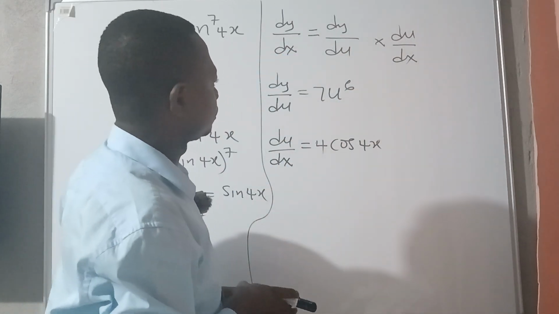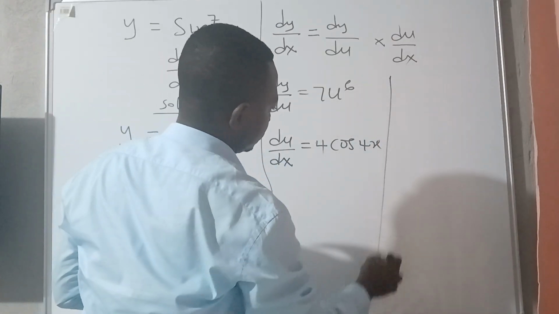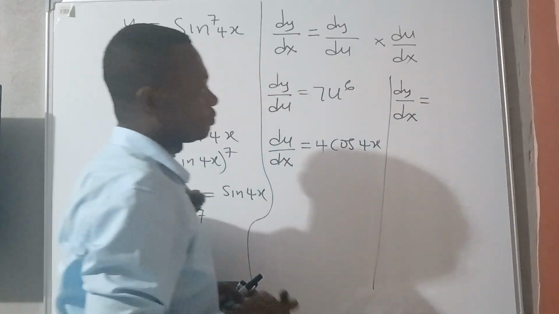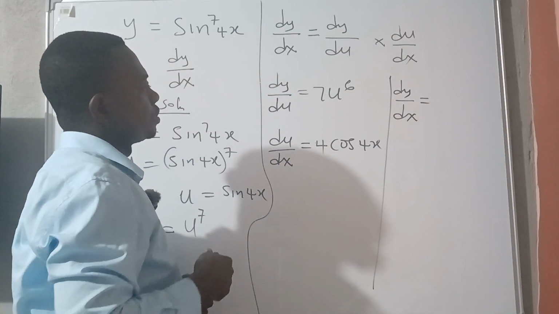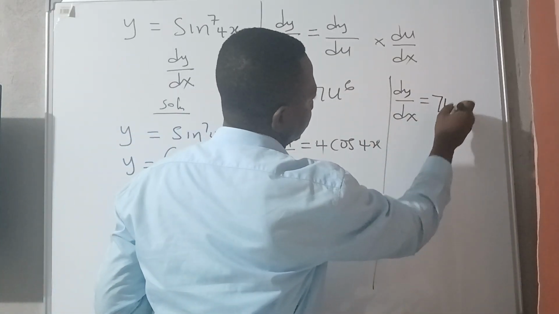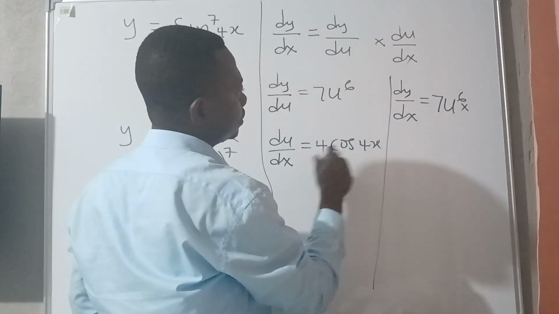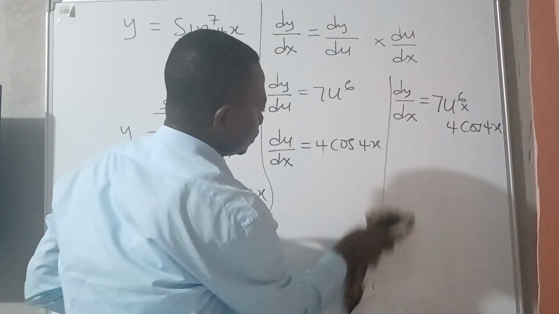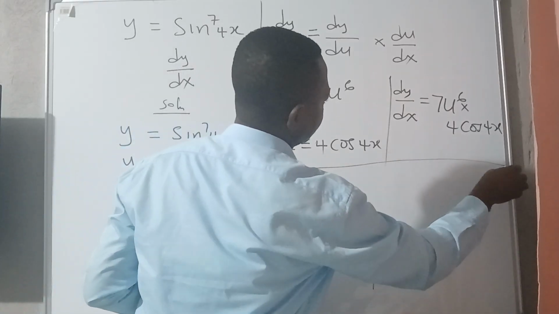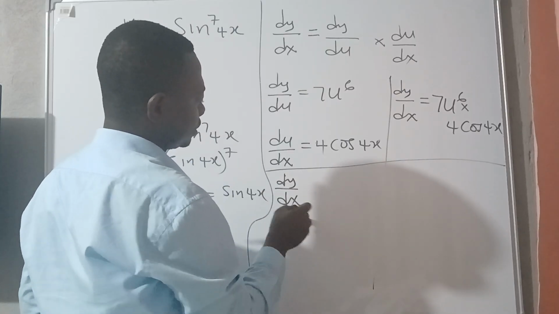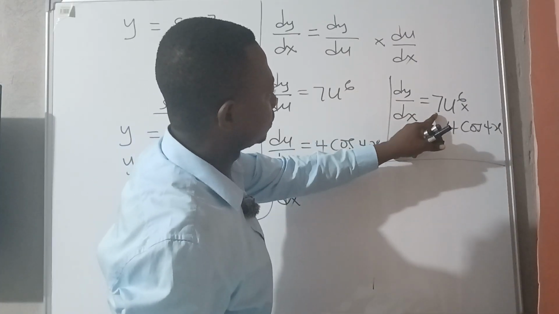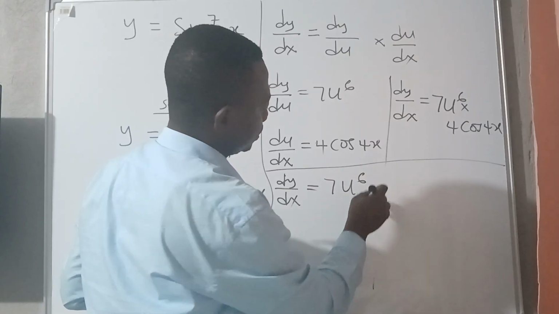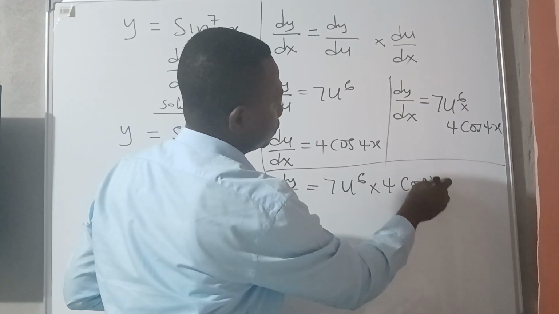So dy/dx: dy/du is 7u to the power of 6, times 4 cos 4x.